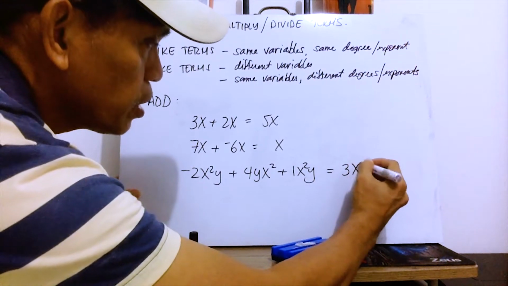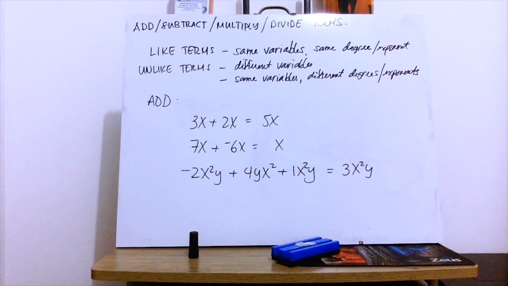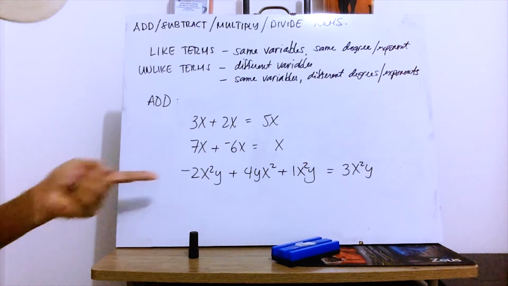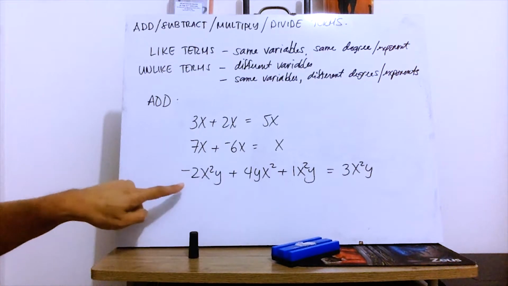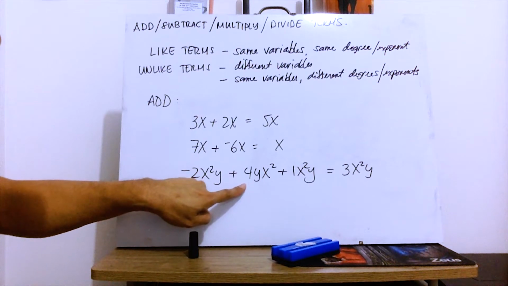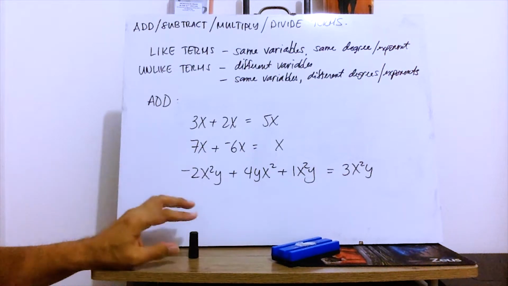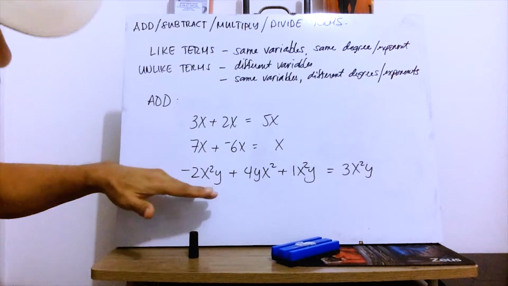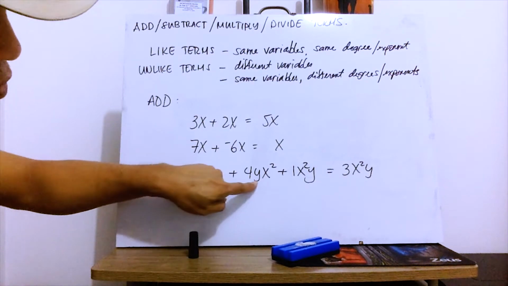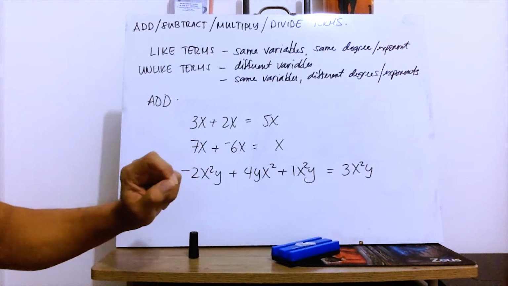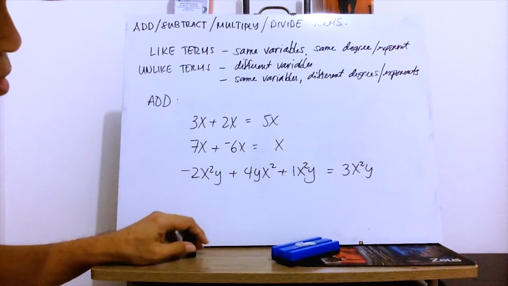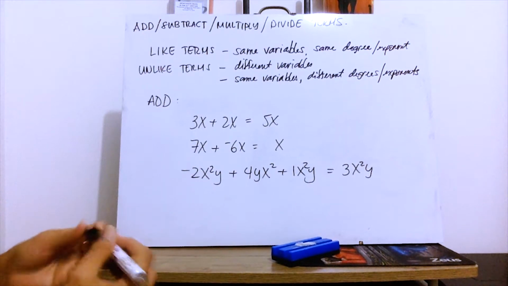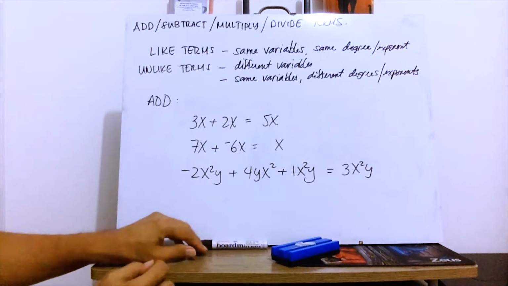So 3x squared y. Pretty easy, right? Just mind the constants there. But the very first thing you need to do is to see to it that the variables are the same. The terms are similar or like terms. There, that's how you add them.